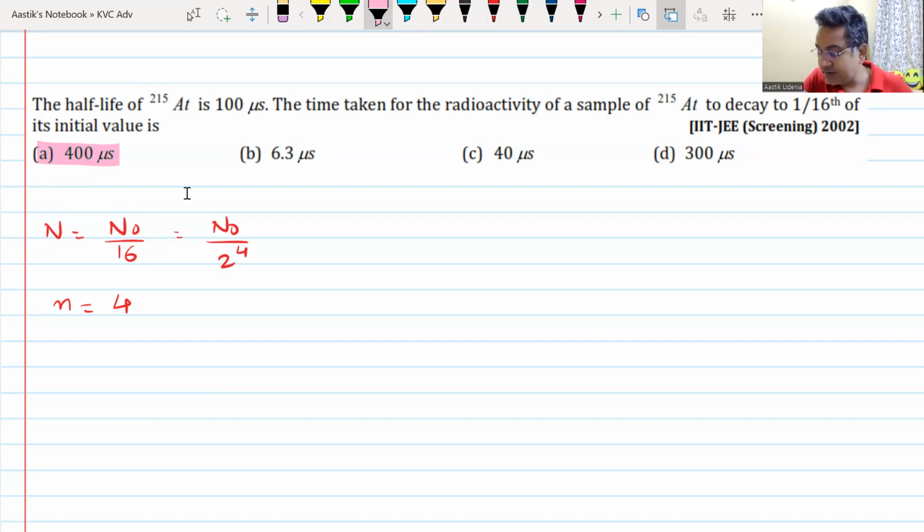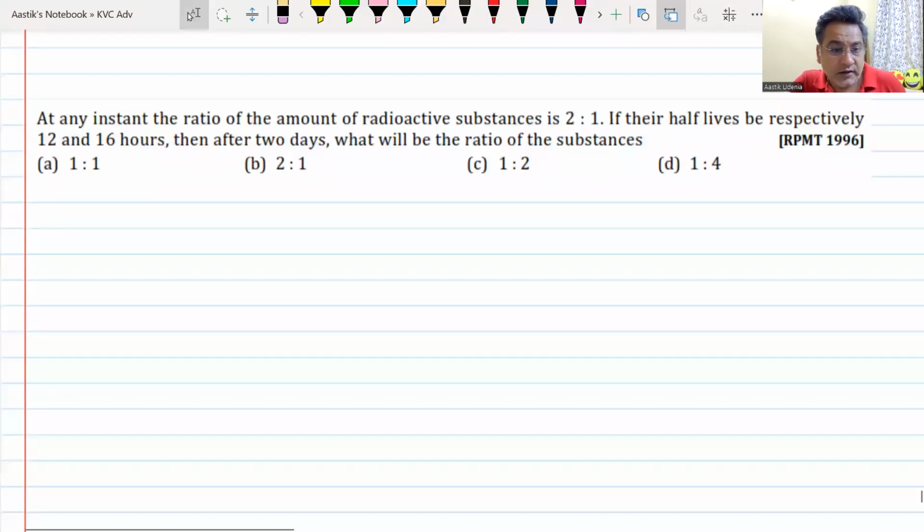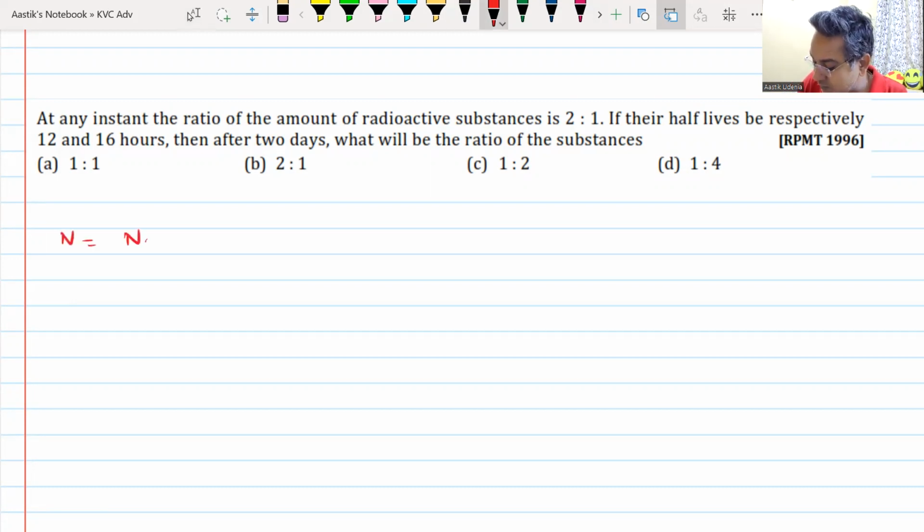This is the next one in line. At any instant, the ratio of amount of two radioactive substances is 2:1. If their half-lives are respectively 12 and 16 hours, after 2 days, what will be the ratio of the substances? So what is the answer for this question? We know that N is equal to N naught divided by 2 raised to the power of n.